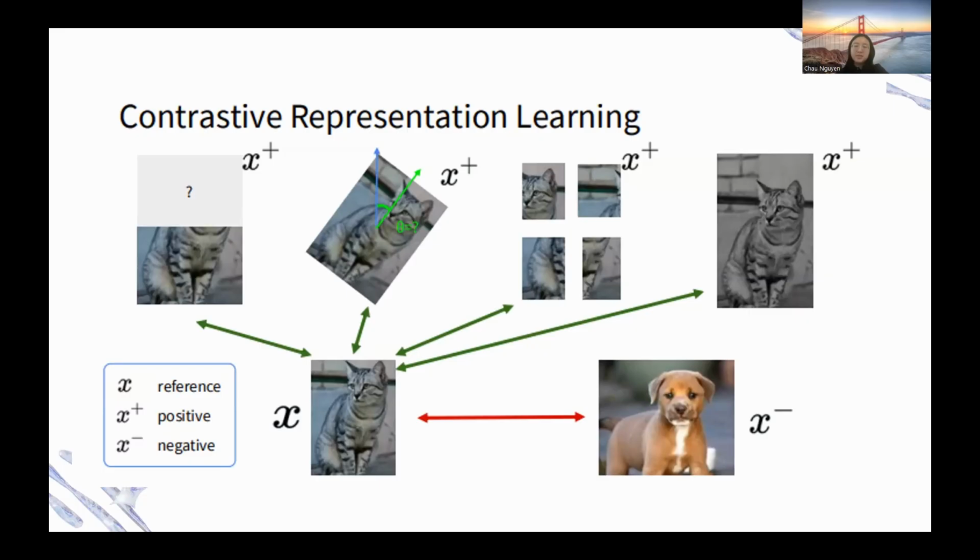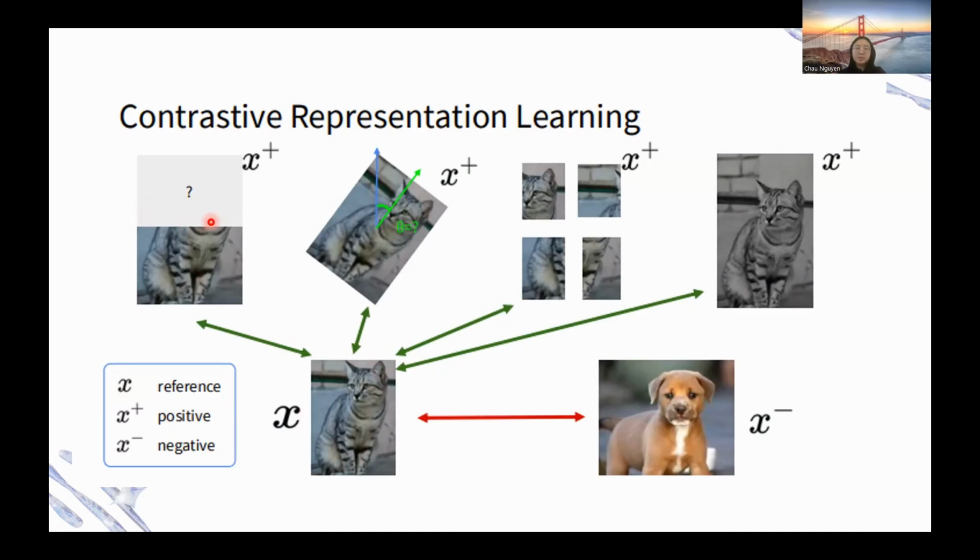So we define 3 types of samples in our training data. We have the X, which is the original training image. And then we have a positive example, which is that we pick this image and then we apply some form of transformation to it.